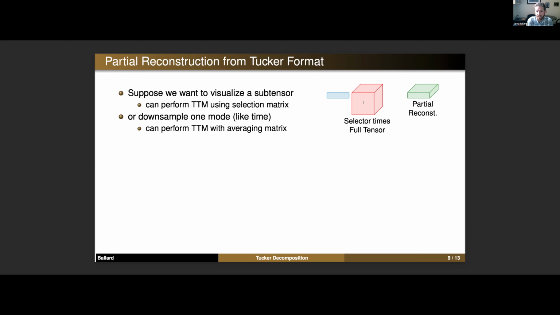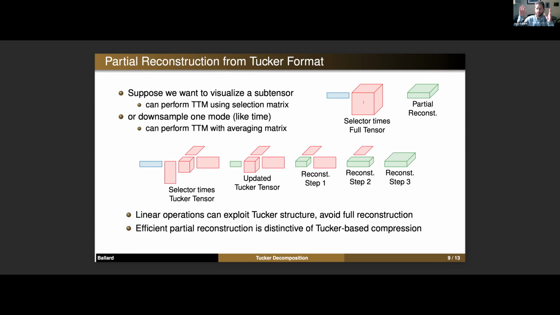But if I have my tensor in Tucker format, I don't need to form the full reconstruction first. I can take advantage of the format that Tucker gives me. If I do this TTM with a selector matrix, I can apply it only to the factor matrix in that mode and get something really small. Then I go through the other steps of the TTMs, and you can see that the stuff in green grows, but it never gets bigger than what I want to reconstruct.